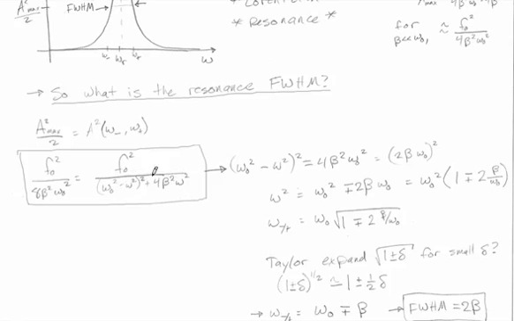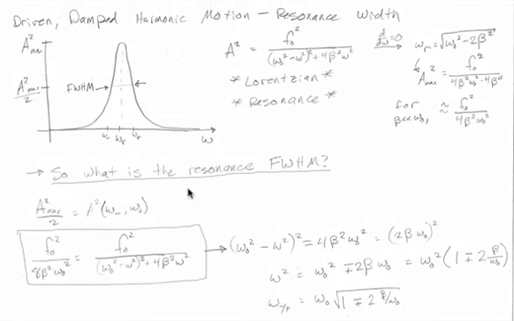This value here, we can do something different. We know that we're looking at 4 beta squared omega squared, and we're looking very close to the resonance frequency. And since beta is small, remember we said that the resonance frequency is the square root of omega naught squared minus 2 beta squared. Beta is very small. The resonance frequency is basically omega naught.